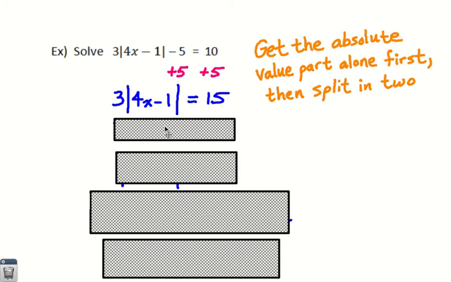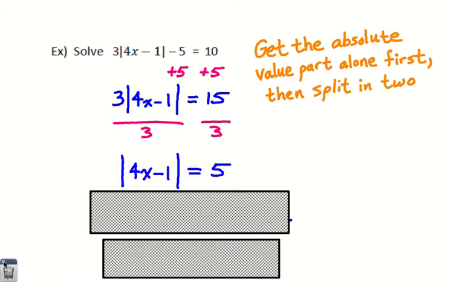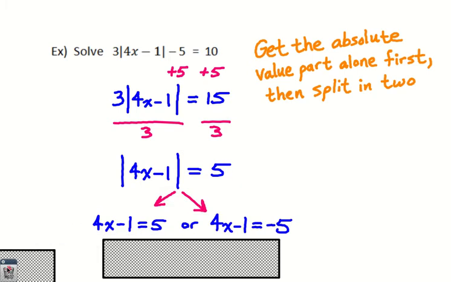Do not distribute. That finishes getting the absolute value part alone. Now we can split it into the two cases, where one case is equal to positive 5, and the other case is equal to negative 5.